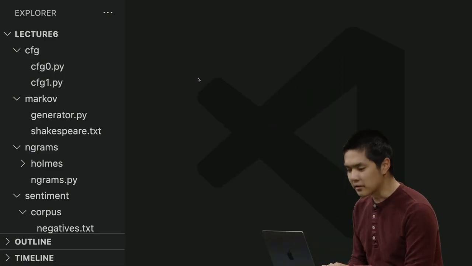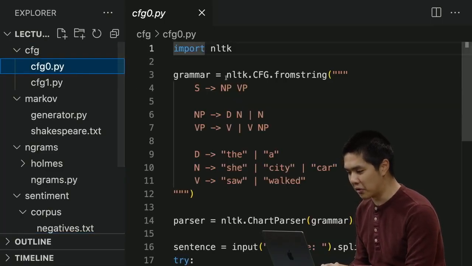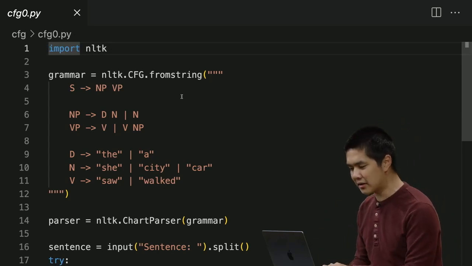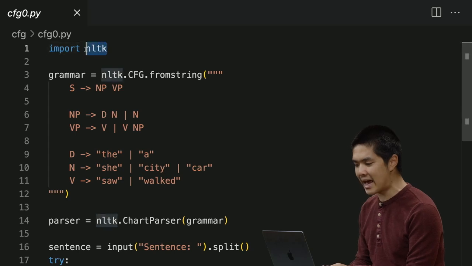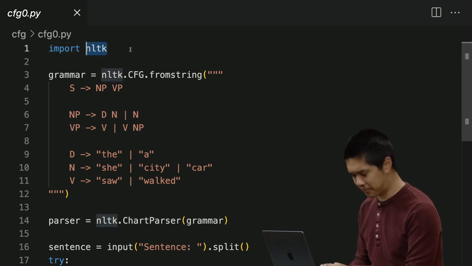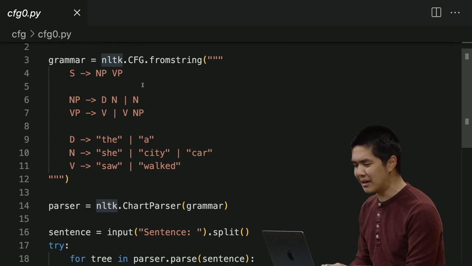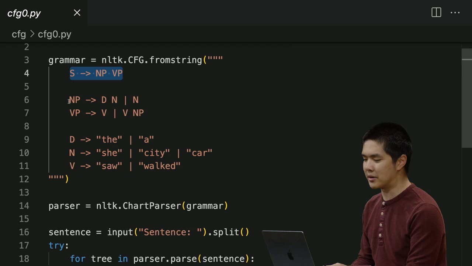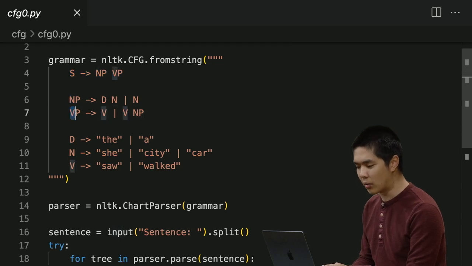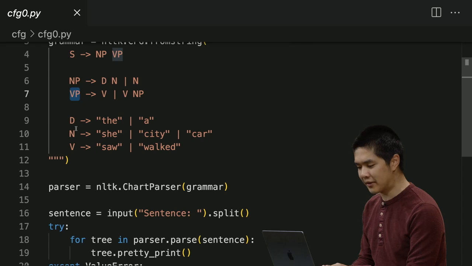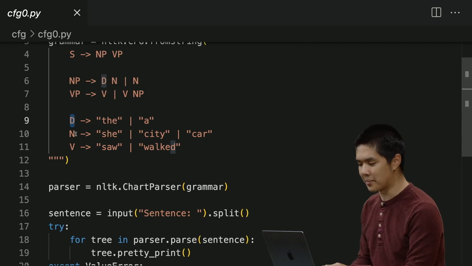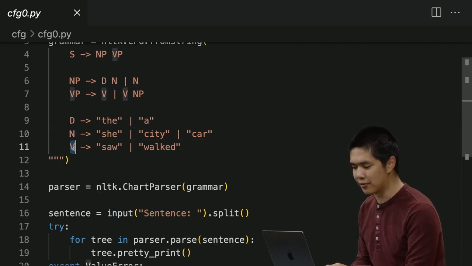grammar. So let's go ahead and open up cfg0.py, cfg standing for context-free grammar. And what you'll see in this file is that I first import NLTK, the Natural Language Toolkit. And the first thing I do is define a context-free grammar, saying that a sentence is a noun phrase followed by a verb phrase. I'm defining what a noun phrase is, defining what a verb phrase is, and then giving some examples of what I can do with these non-terminal symbols: D for determiner, N for noun, and V for verb.